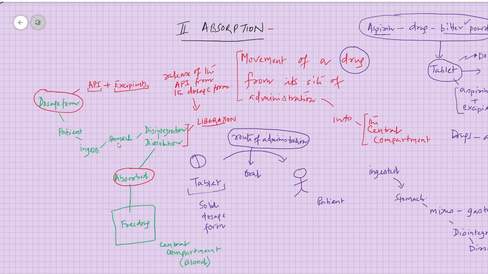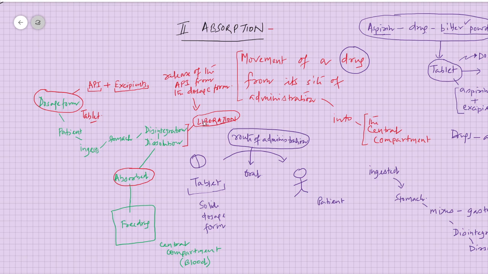The dosage form goes into the patient. It undergoes disintegration and dissolution, assuming that the dosage form is a tablet. By that process, the API is released from the dosage form, and this process we call liberation.